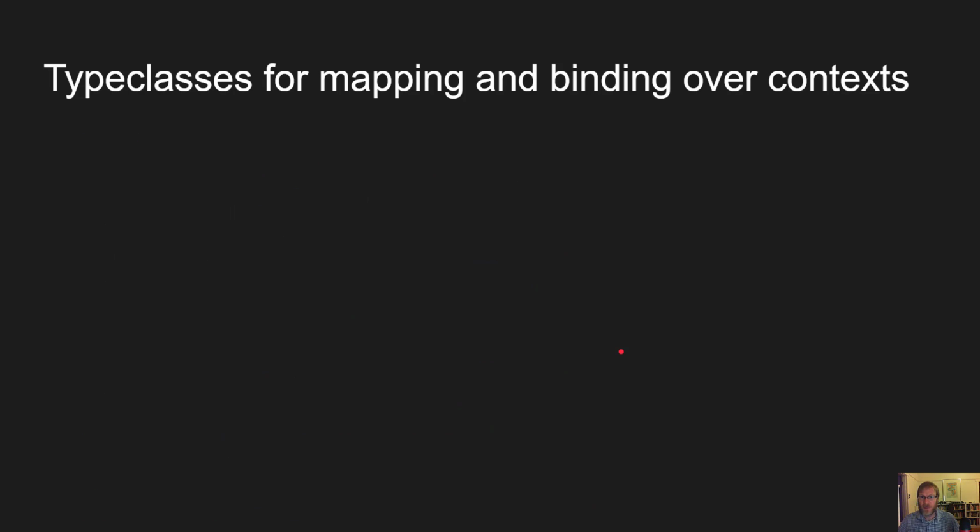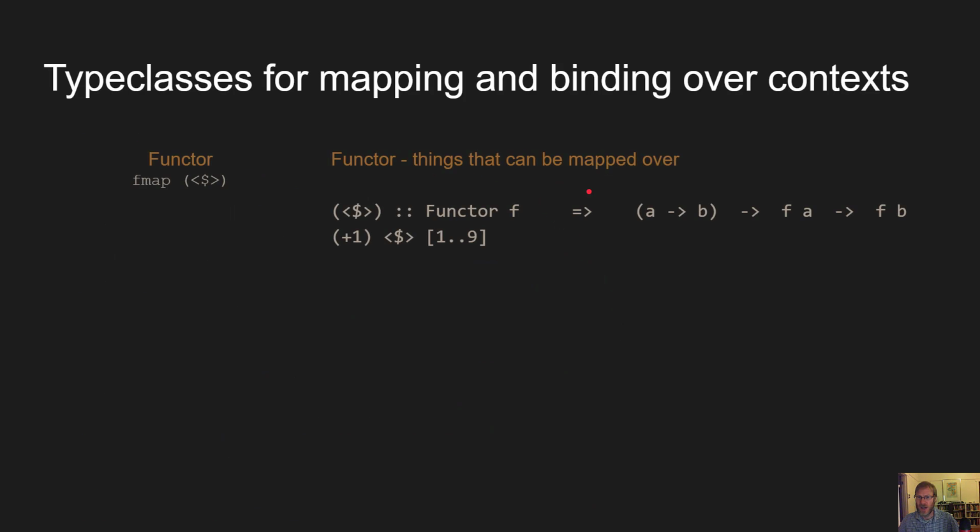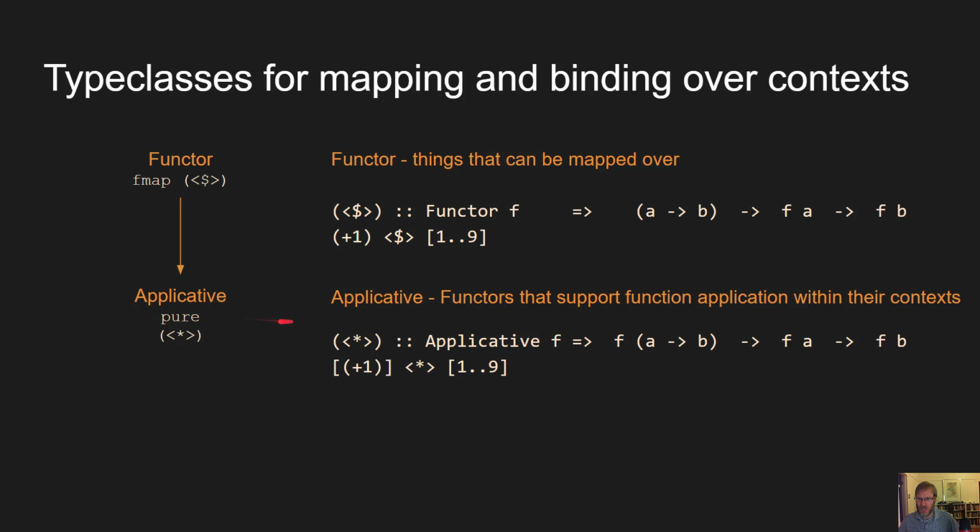So to recap once more this hierarchy of type classes for mapping, and now this new word binding over contexts, we have fmap with the fmap operator, which let us map functions over contexts like lists, and applicative, which is also a functor and introduced pure, a way of putting values into the applicative type, and the applicative apply operator, which let us apply functions from inside contexts over values inside of the same contexts.